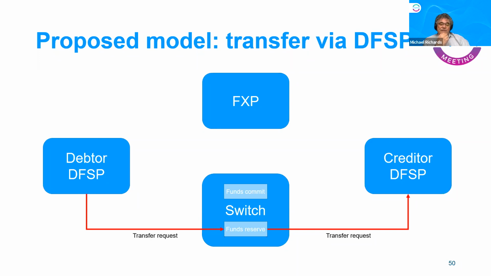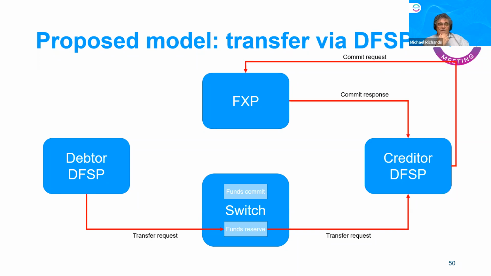It goes to the creditor DFSP, who asks the FXP directly to commit. The FXP responds to the creditor DFSP, and the creditor DFSP can now check that response and send both responses back to the switch. The switch can then commit both funds and send them back to the debtor DFSP.